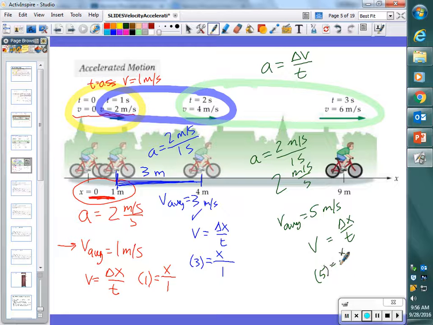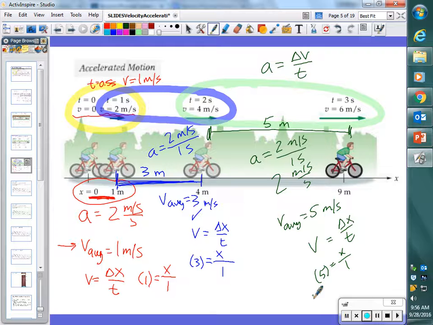We're trying to find how far it goes in 1 second, and that means that the distance from here to here is 5 meters. Okay? Good so far?